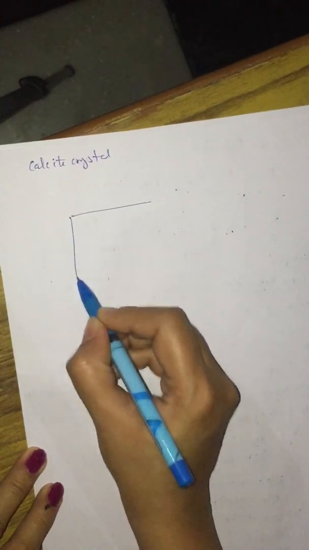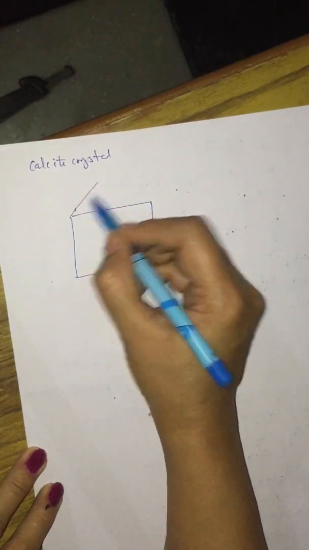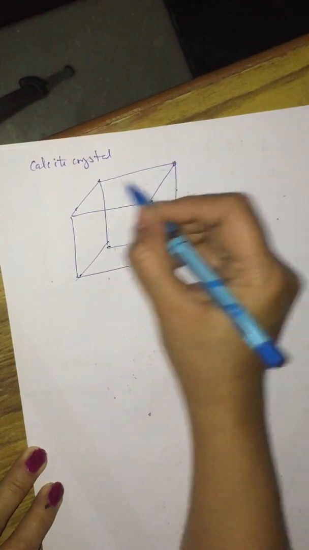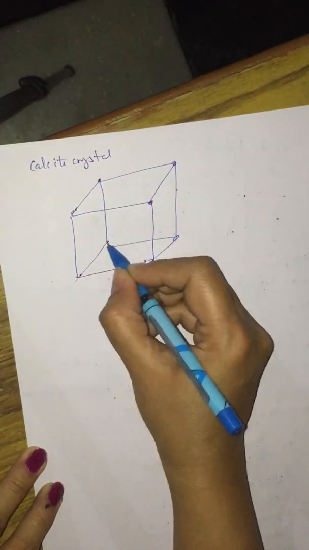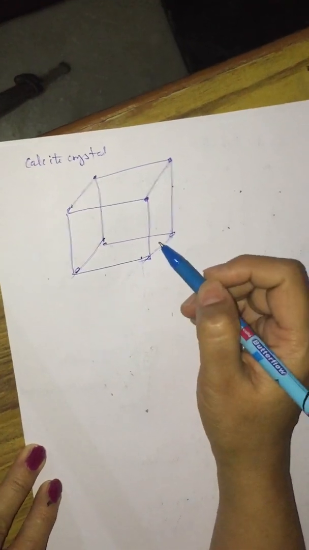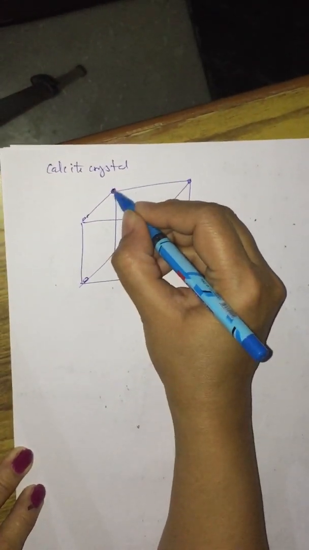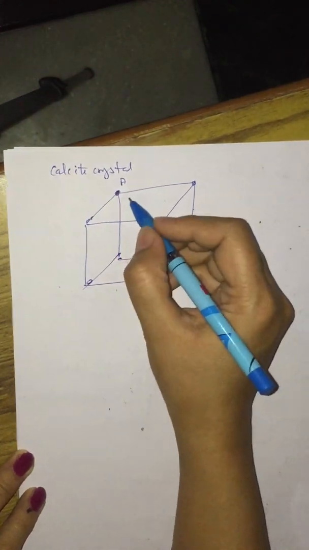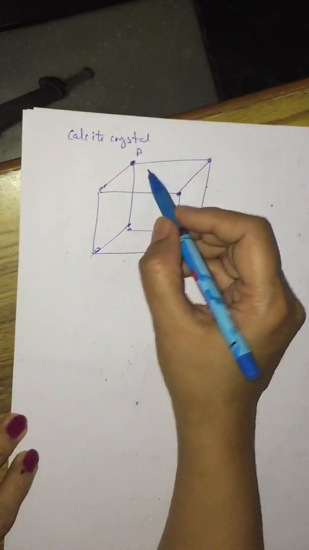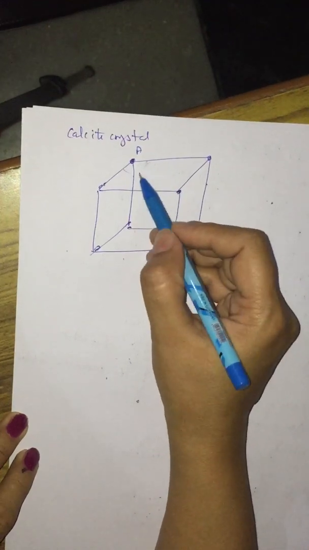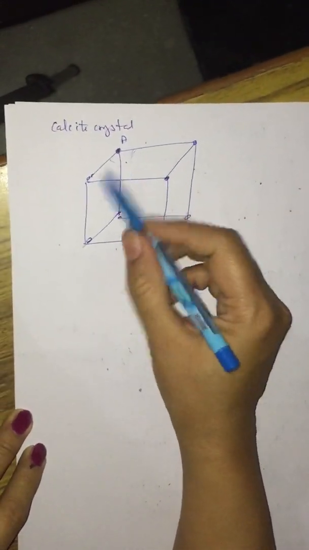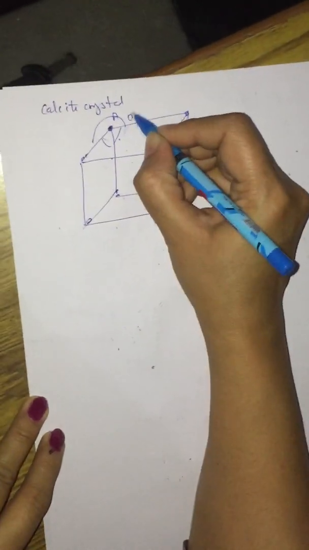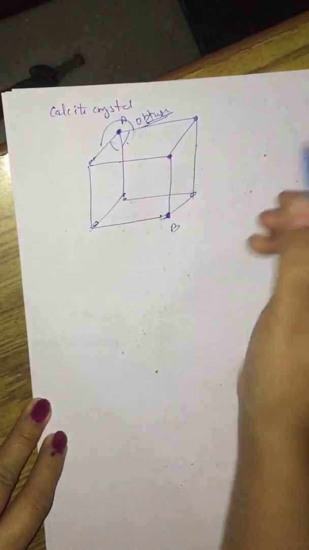Let us consider this is our calcite crystal with 8 corners, and from these 8 corners there are 2 corners at which all the angles between the surfaces of the crystal are obtuse in nature.